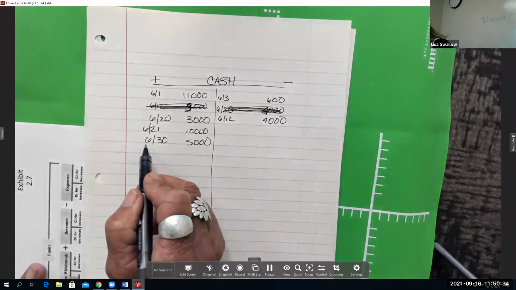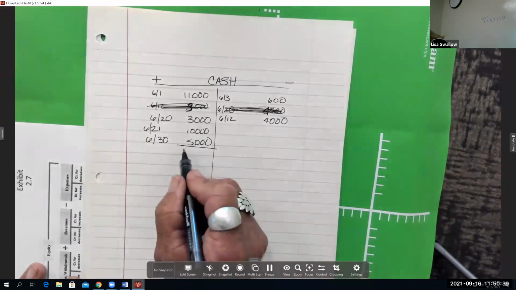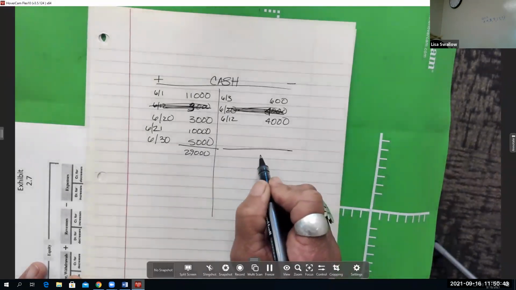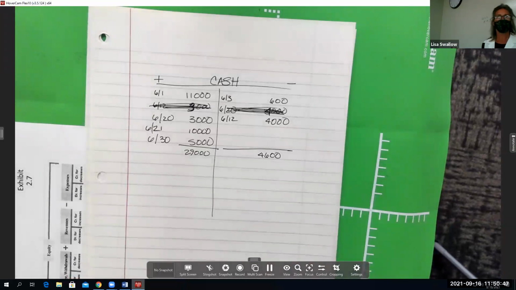Okay. So on my debit side, what do I have? 21, 24, 29 grand. And on my credit side, I've got 4,600. So at the end of the day, do I have a debit or a credit balance in my cash? I have a debit balance. And again, sorry that I don't know exactly how they do this. I want to look.